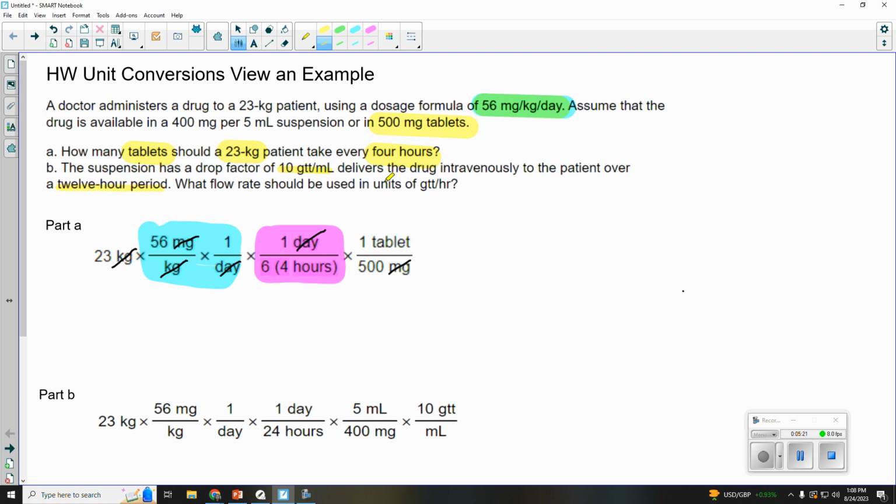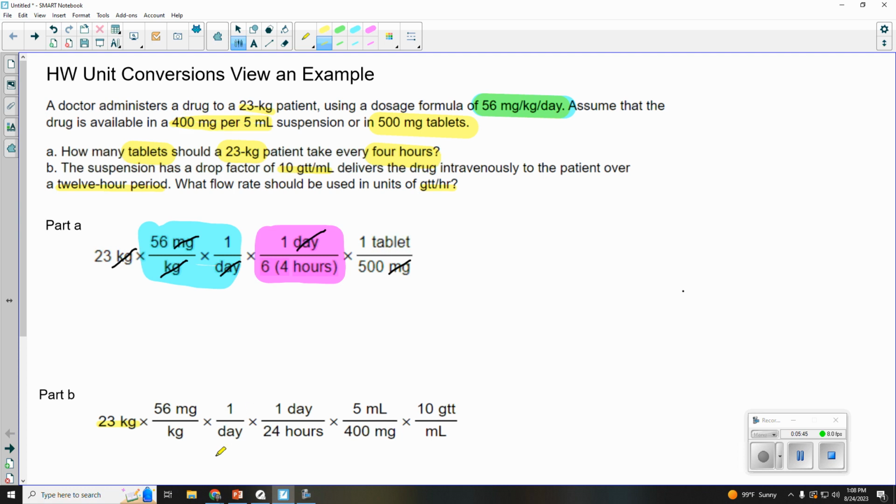What flow rate should be used in units of GTT per hour? Okay, so we start off again with a 23 kilogram patient. So that's from the original. This time in the original, we're not going to use the 500 milligram tablet information. We're going to use the 400 milligram per 5 milliliter information.